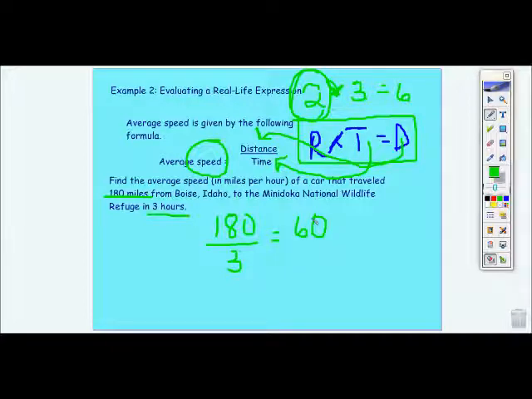Now it's a word problem, so we need to have some kind of label there, and we see our label was miles per hour. Okay, manipulating some formulas. If you don't remember the exact formula, remember the little trick of just substituting some easier numbers in.